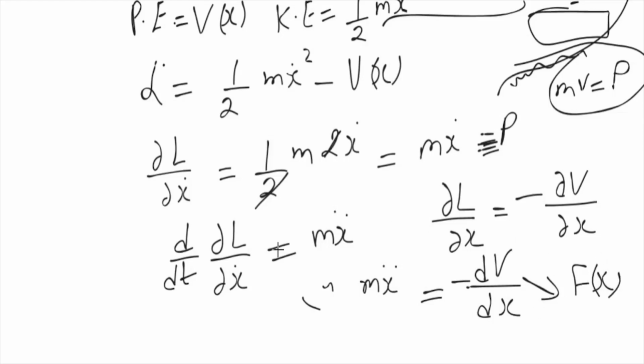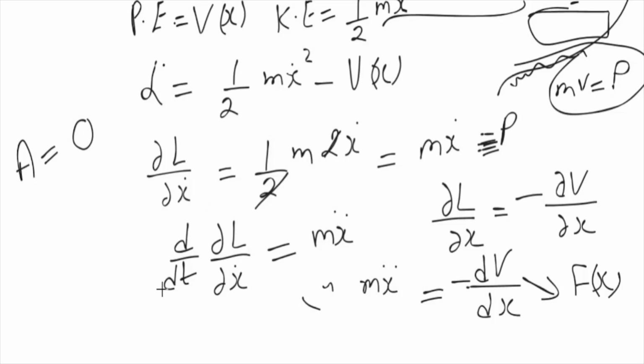So it's nothing but Newton's equation. How? F is equal to m into a. That is, mass times acceleration is equal to minus dV upon dx, and minus dV upon dx is force. So at least in this simple example, we reduced the problem of making the action stationary to solving Newton's equation, and they both are equivalent.